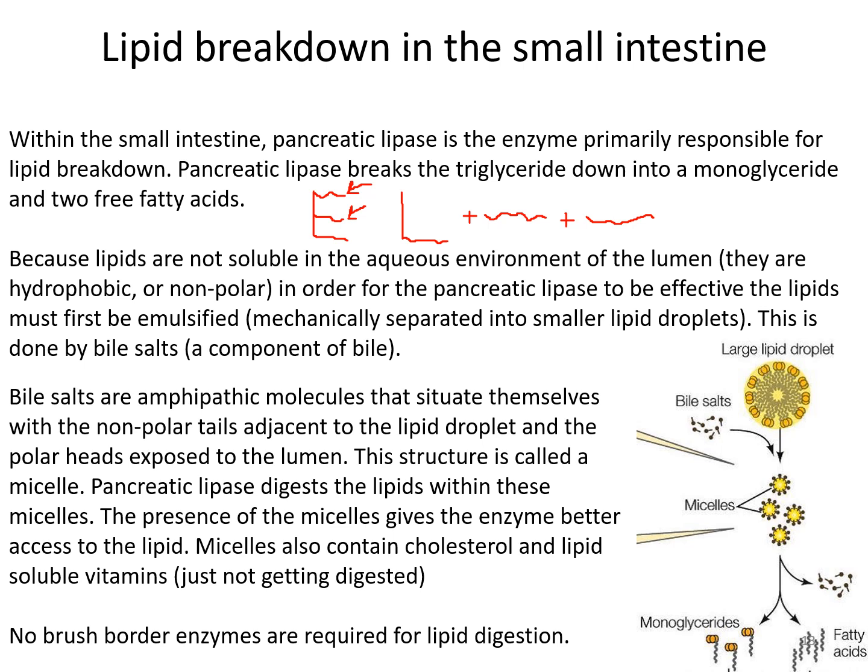Okay, so because the lipids are not soluble in the aqueous environment of the lumen of the small intestine, because they're lipid soluble, remember, we need to first emulsify the fat so that our digestive enzymes, our pancreatic lipase, can get better access to it. So when I say emulsify, I mean basically break it down into smaller droplets. It's just like putting oil in a bucket of water.